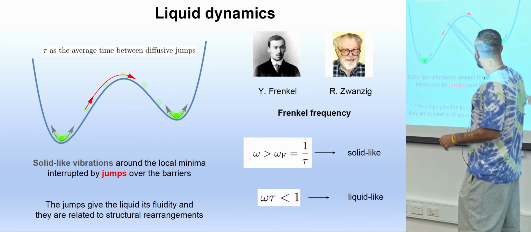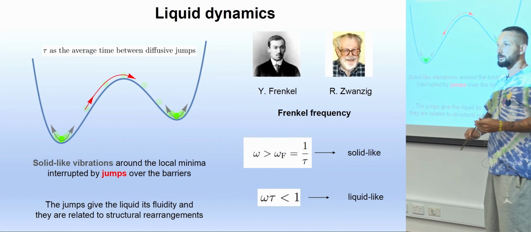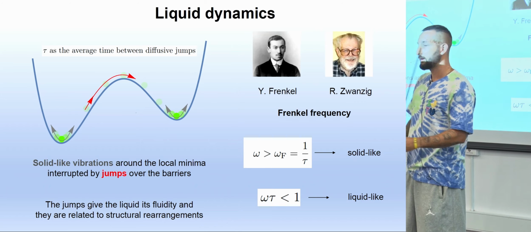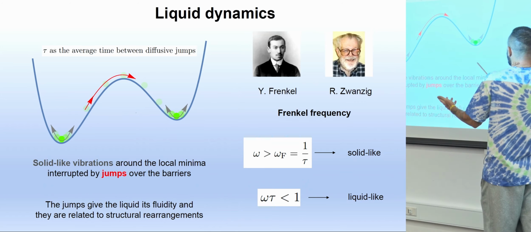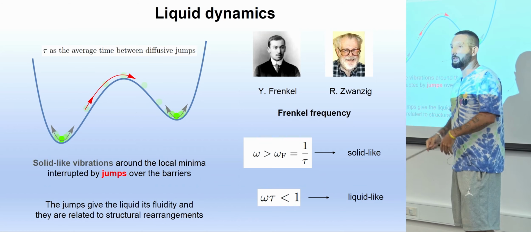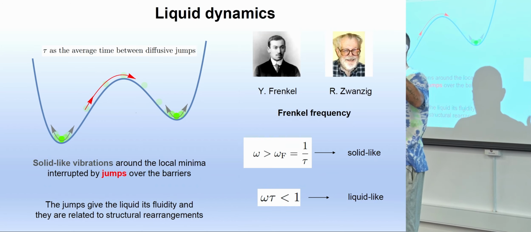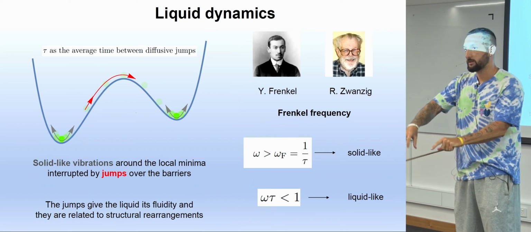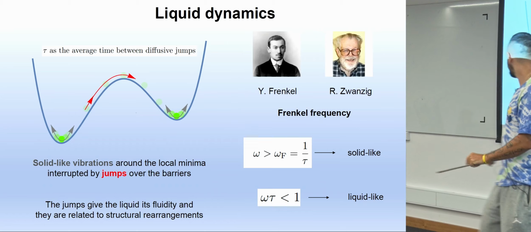But then after a certain point, they will jump away, they will cross a potential barrier, and they will rearrange somehow. The simplest model that you can think of is that there is a characteristic time that I call tau, which is, if you want, the average time for jumping these barriers. Practically, you can think this is the average time of rearranging the atoms in your liquid.